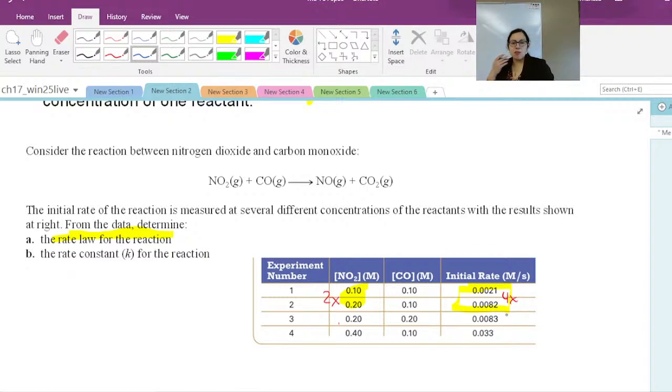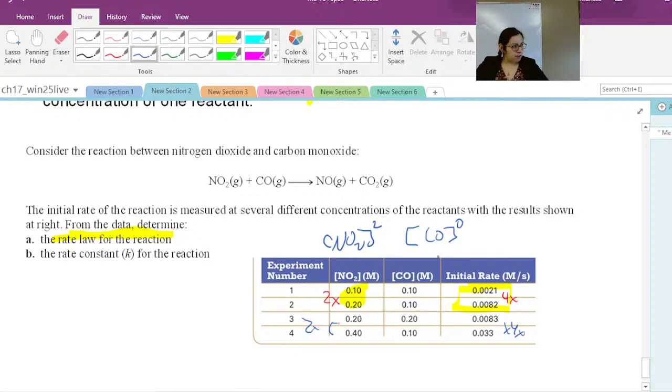It doesn't really change. That tells us our CO is probably 0 order. Going back to our NO2 being 2nd order: this doubled again, and like he was saying, the rate is times 4 again, which matches 2nd order for NO2, and 0 order for CO.